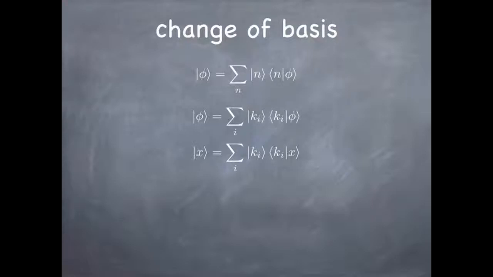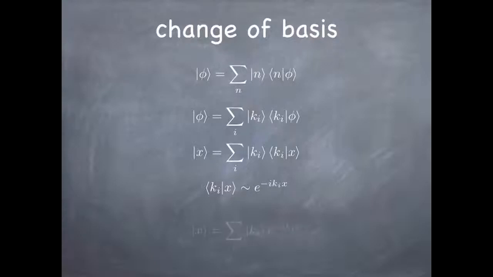But x may correspond to a state of well-defined position, and we know what the amplitude is. If I have a state of well-defined position and I ask what's the inner product of the momentum k sub i, we know that that is going to end up looking like e to the minus i k sub i times x. That's just the definition of what I mean by a definite momentum and what it means to have an amplitude to have a definite momentum.